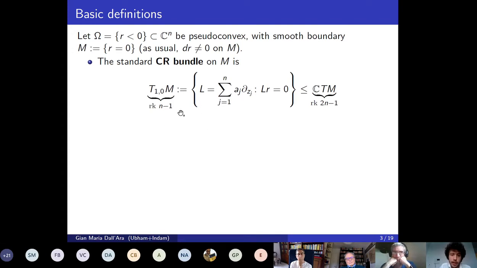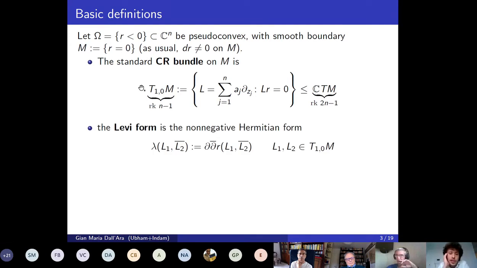This is a complex subbundle of the complexified tangent bundle, of complex rank 2n-1. The standard CR bundle, usually denoted T^{1,0}M, is the bundle whose sections are vector fields of type (1,0) that kill the defining function r. This bundle has, of course, rank n-1.